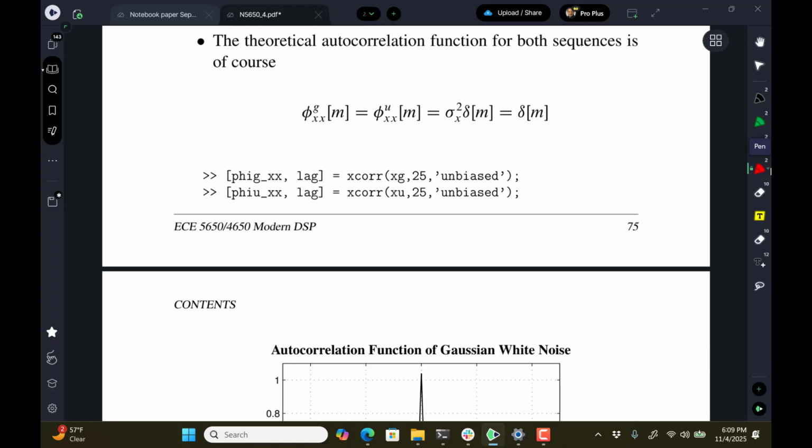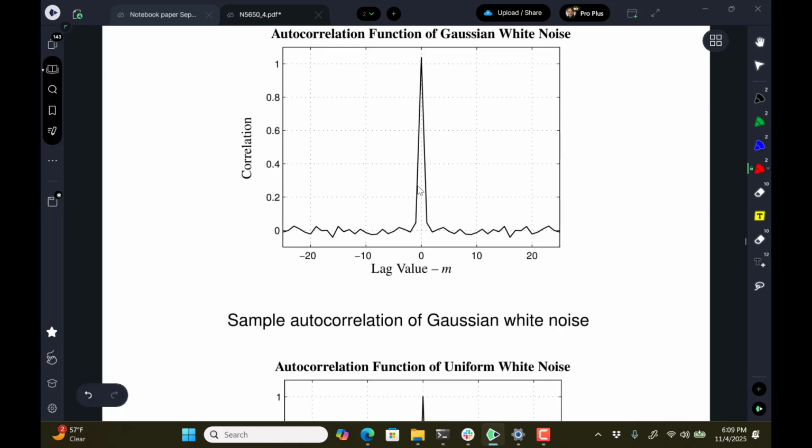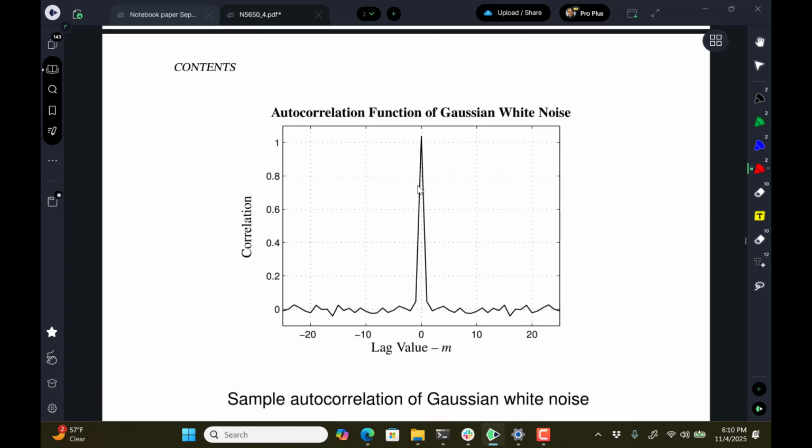At any rate, I compute an unbiased autocorrelation estimate for both of them, and they both should be delta of m. So I plot them versus the lag, which is as I'm sliding the one array versus the other and doing the sum of products. They both approximate a delta function. That's as close as it's going to get.